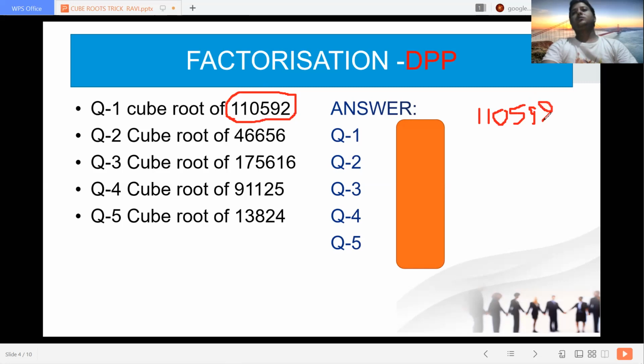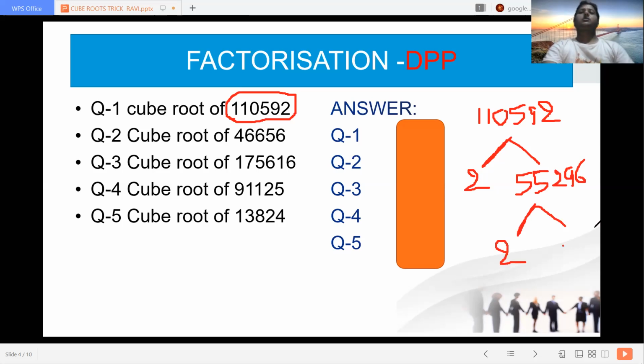We can see it is divisible by 2, and that comes out to be 55296, 27648, 13824, 6912, and again it is divisible by 2. In this way we can easily calculate cube root by factorization method.